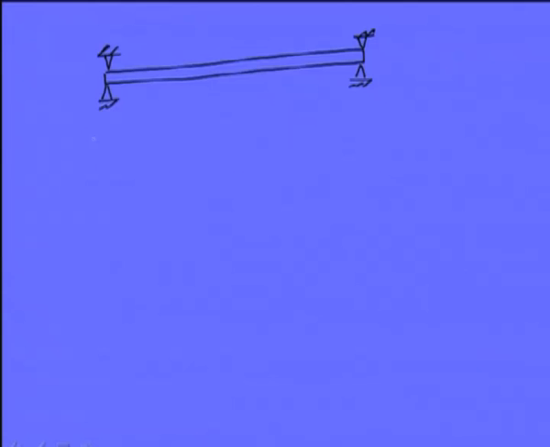So, let us take one example of a simply supported beam. We are considering one simply supported beam. This is the support of the beam. Now, the properties of the beam: the diameter of the shaft is, let us say, 10 mm. The total length of the beam is 3 meters.